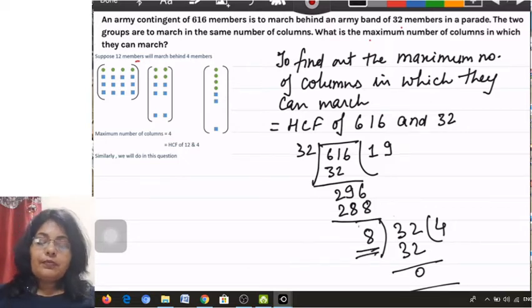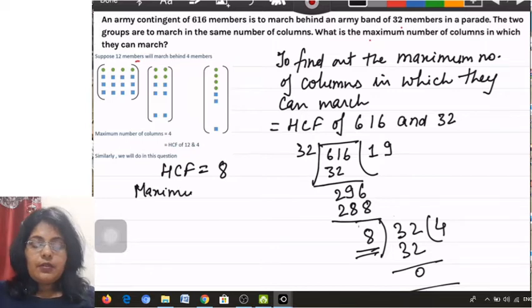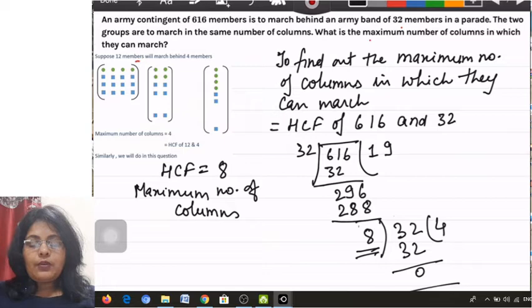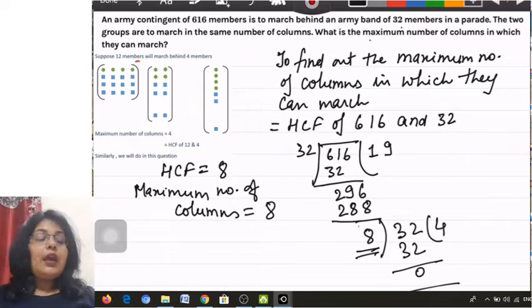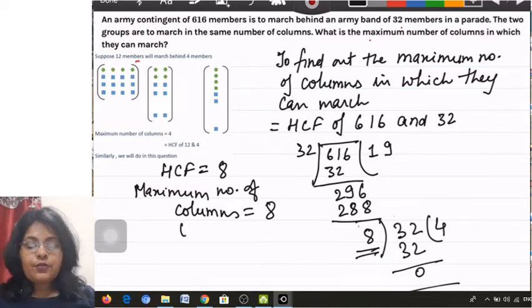So we will write here HCF is equal to 8 and the answer is maximum number of columns is equal to 8.